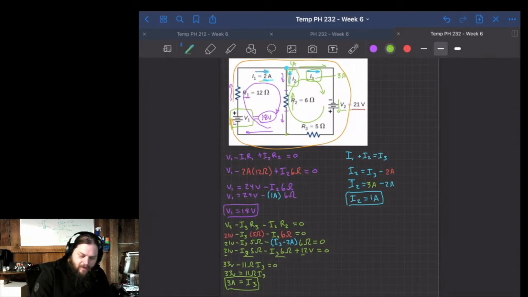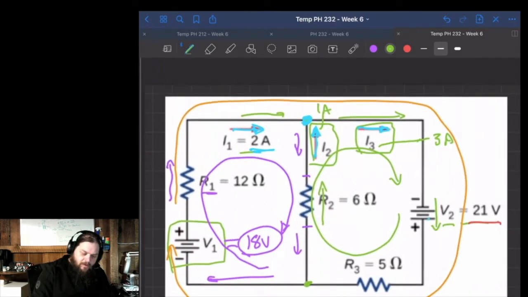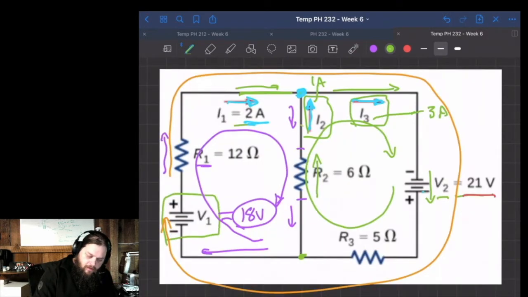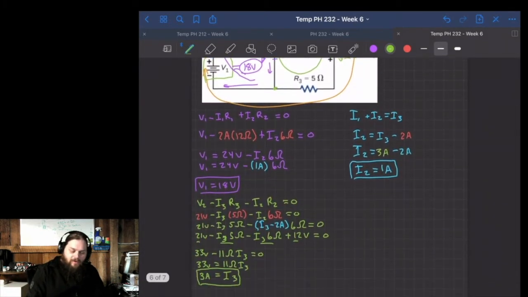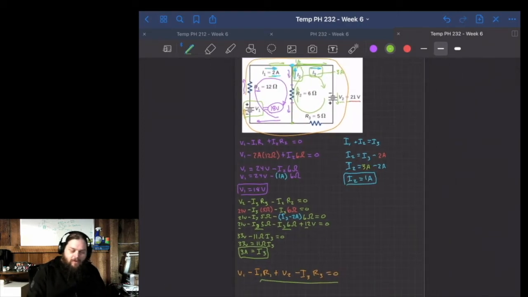And we can see that makes sense because we have 2 amps going in from I1, zooming in here. There's 2 amps going in here. There's 1 amp going in there. And there's 3 amps coming out there. So 2 amps plus 1 amp is 3 amps. So that all follows Kirchhoff's rules, and we were able to use those to solve the equation.